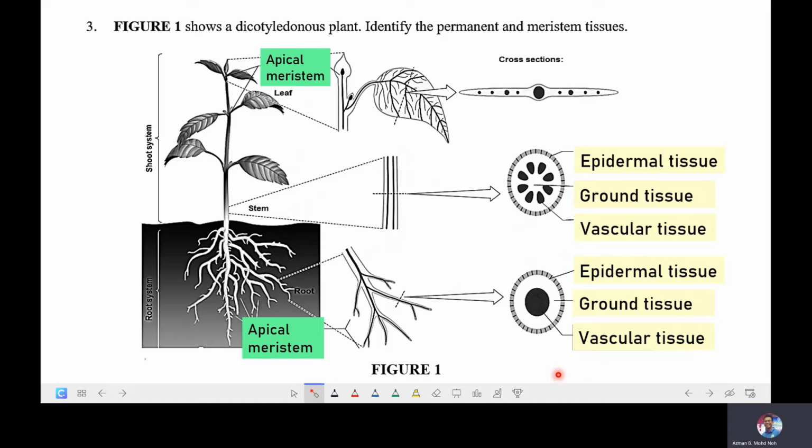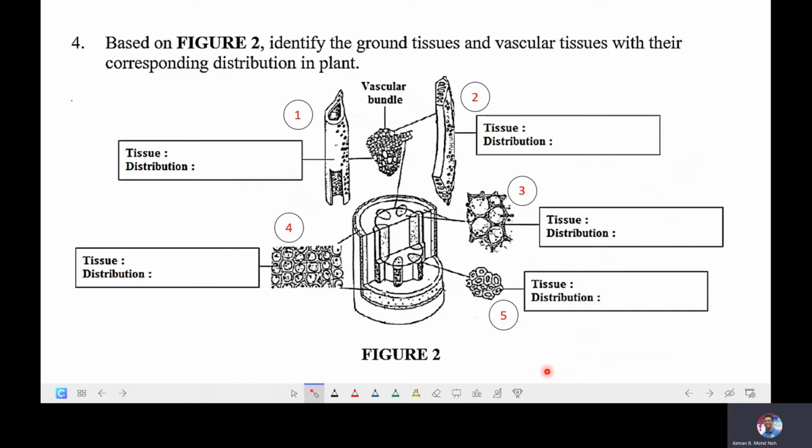Okay, now let's move on to question number 4. If we refer to figure 2, structure number 1 and also structure number 2 will be part of the vascular bundle. Normally, in the vascular bundle, the lower part will be having larger vessels, and that will be the xylem tissue.